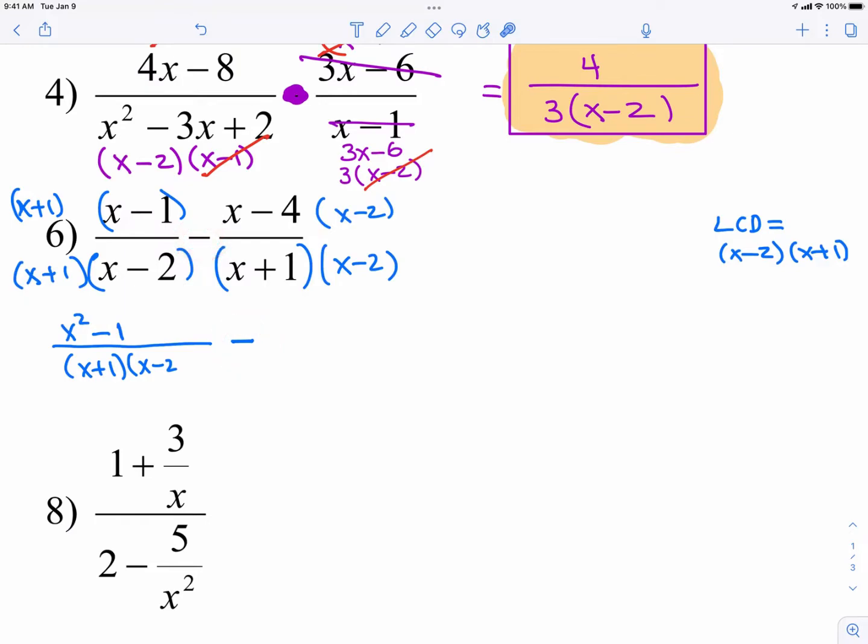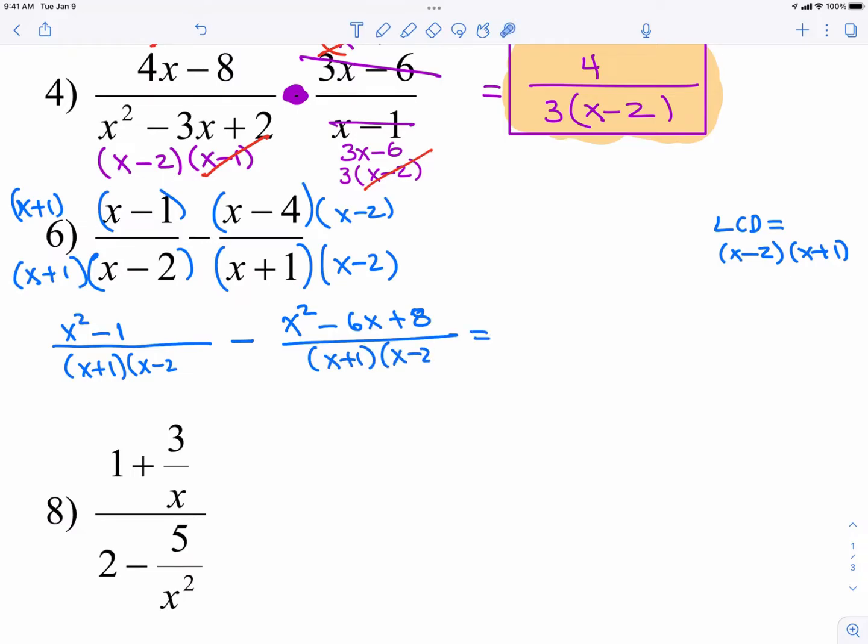And then when you multiply the x minus 4 times x minus 2 in the second fraction, and you distribute that out, you're going to get x squared minus 6x plus 8. And that's going to be over your common denominator, x plus 1, x minus 2.